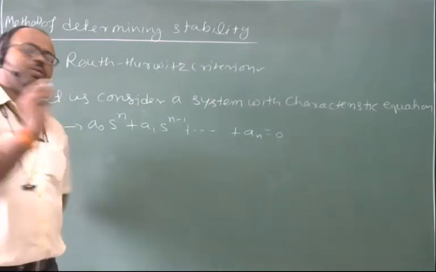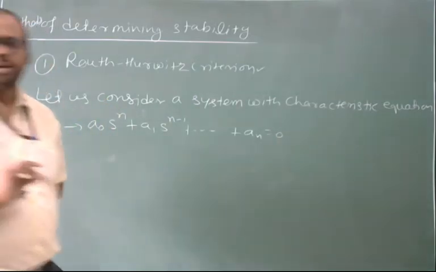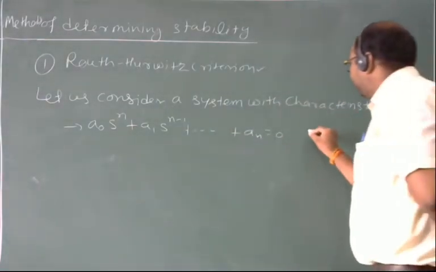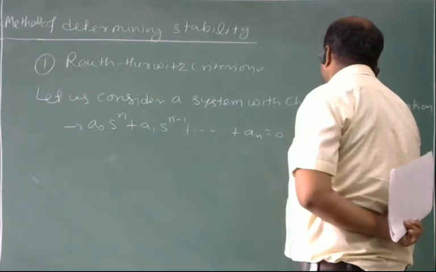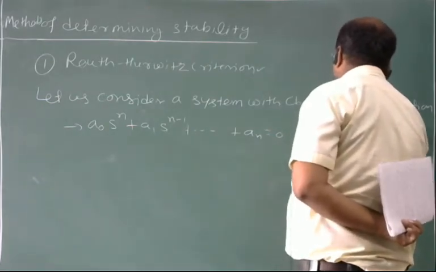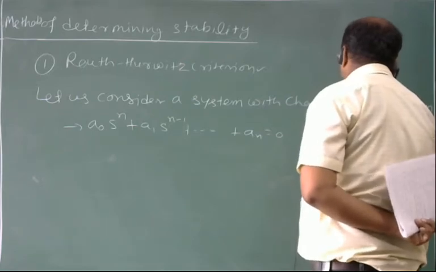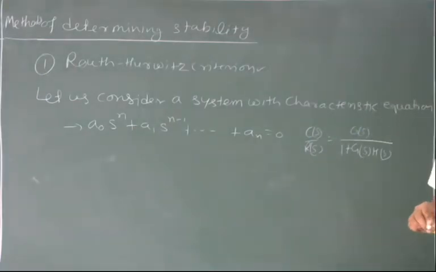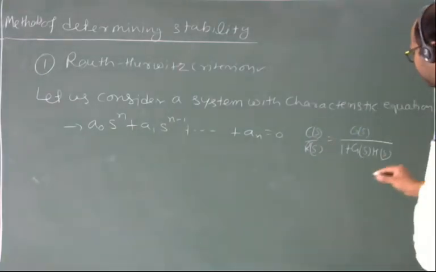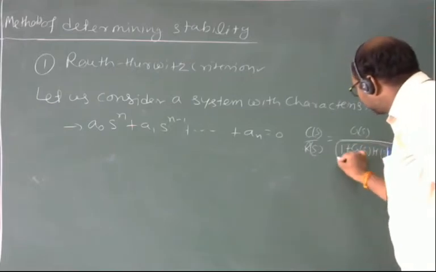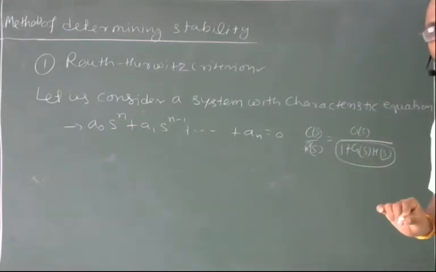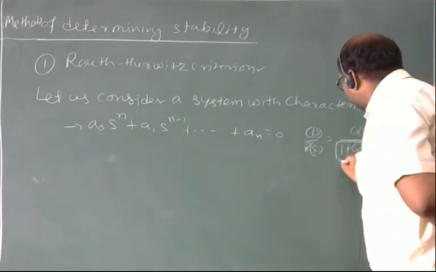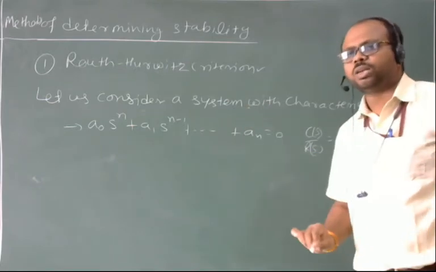And why am I concerned with the characteristic equation only? Because if I have a transfer function C(s) over R(s), which is equal to G(s) over 1 plus G(s)H(s), then this 1 plus G(s)H(s) is equal to 0. That means if I put the denominator to 0, this becomes our characteristic equation.